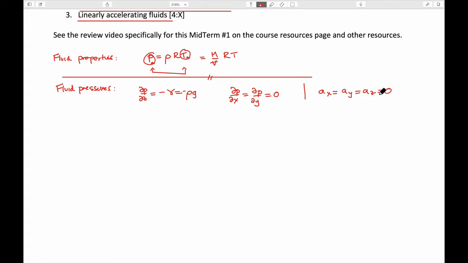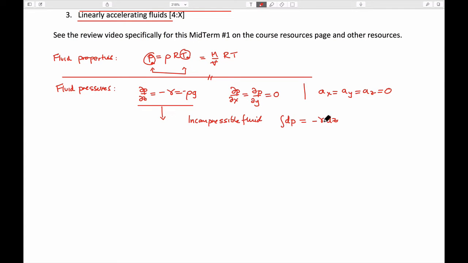And that is absolute. What we do with this expression is we can integrate it, and we can integrate it in 2 forms. We can integrate it for an incompressible fluid. We just rearrange it as change in pressure is equal to minus unit weight times a change in elevation.